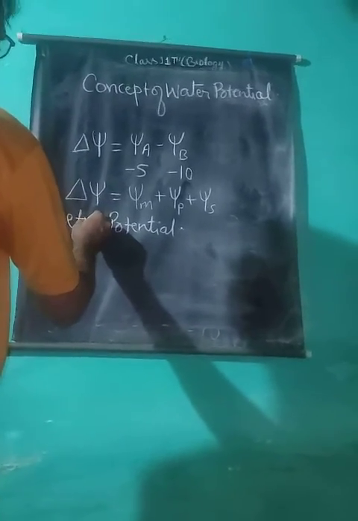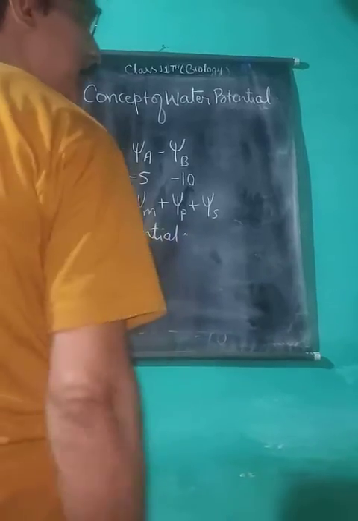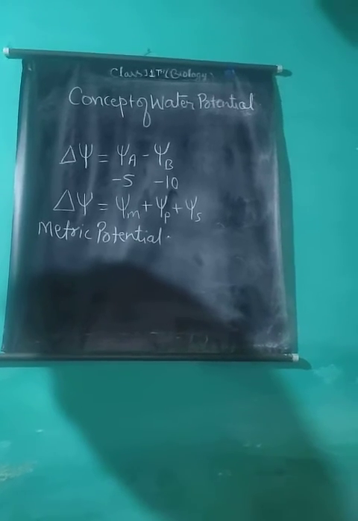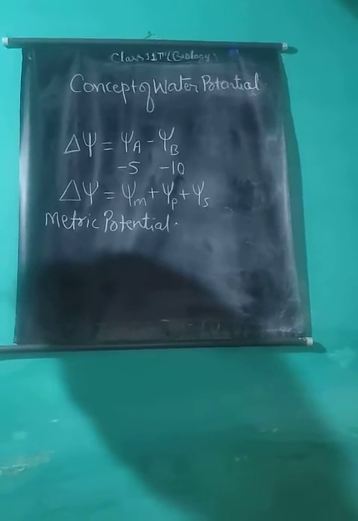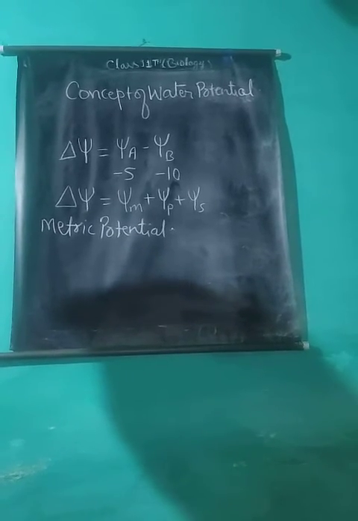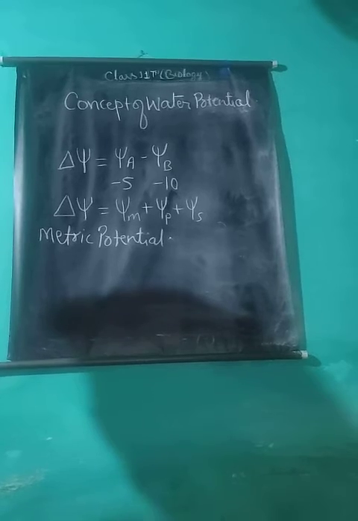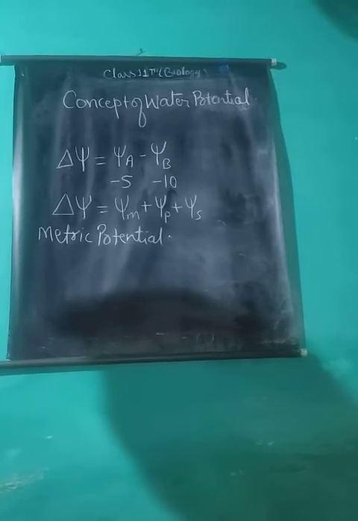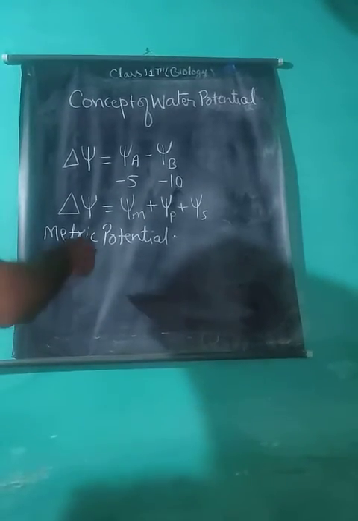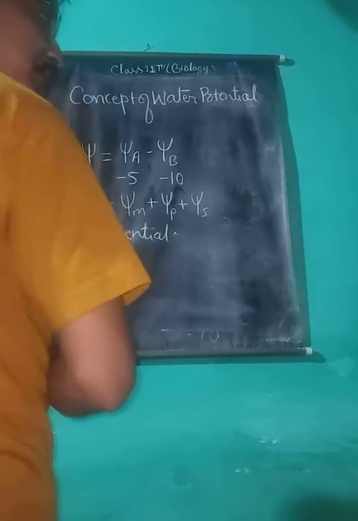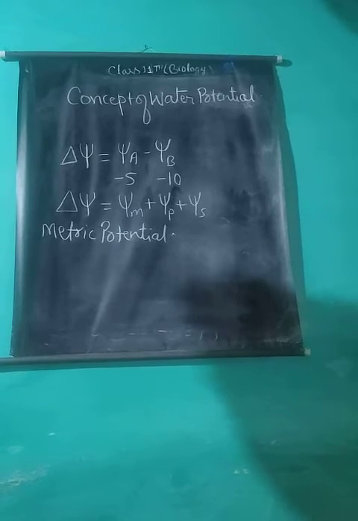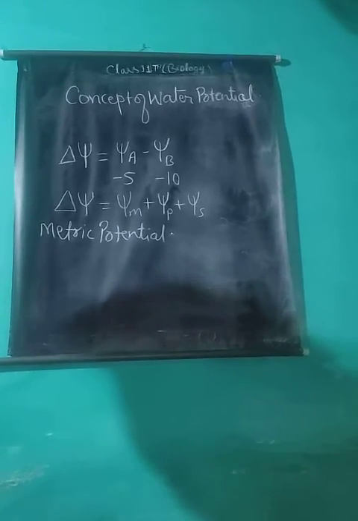The matric potential in the case of plant tissue and cells is often neglected because it is insignificant in osmosis, because the absorbing surface of plant cells or other cells cannot be measured. Therefore, the value of their matric potential is negligible.